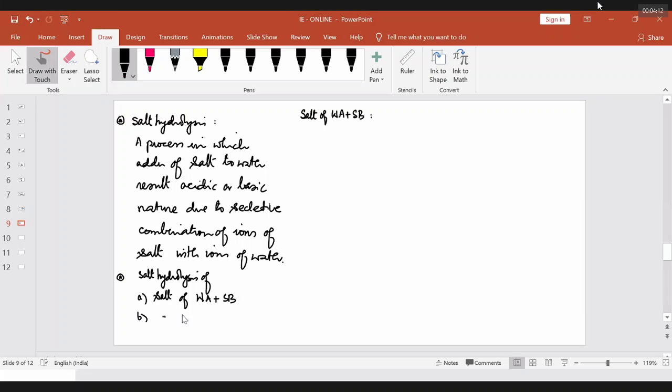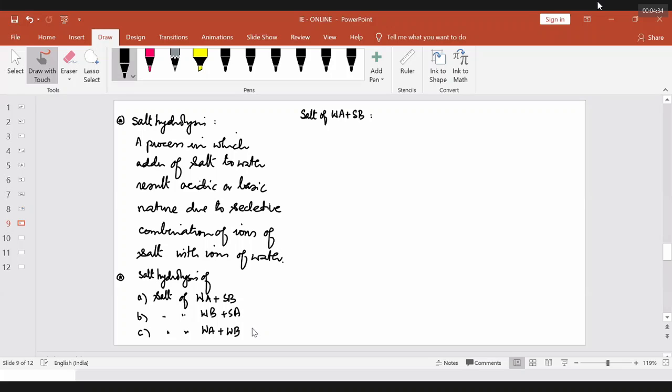B, salt of weak base and strong acid. C, salt of strong acid and strong base. D, salt of weak acid and weak base.